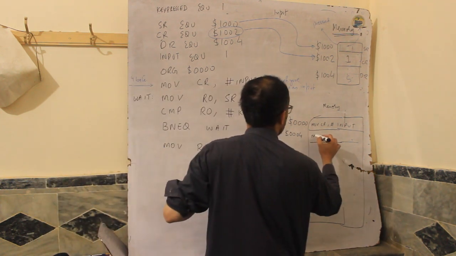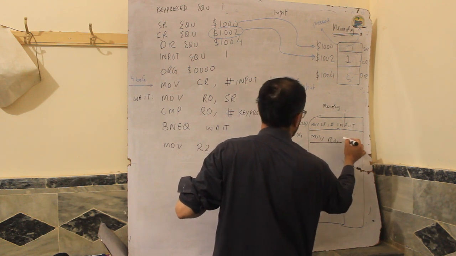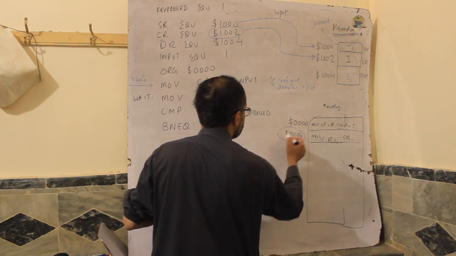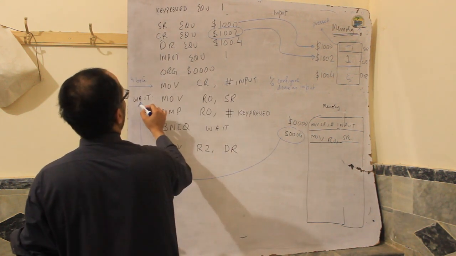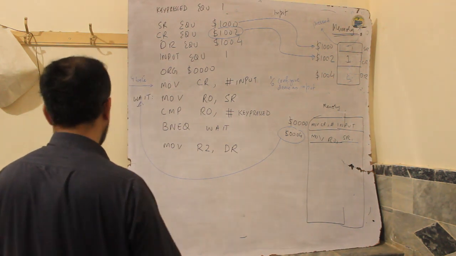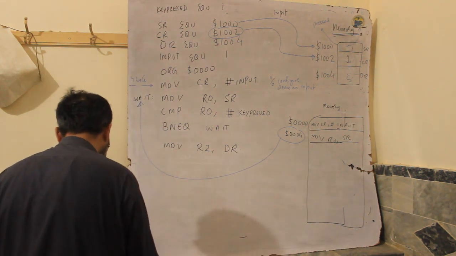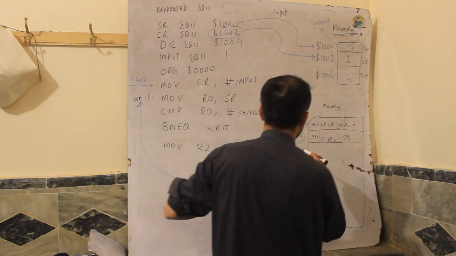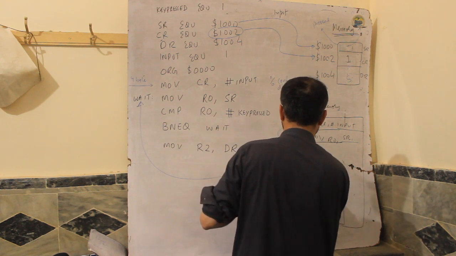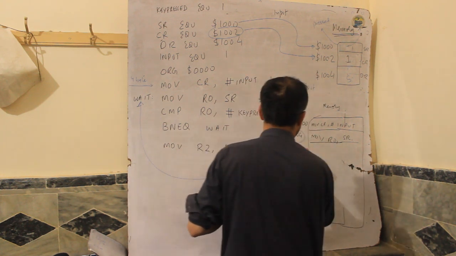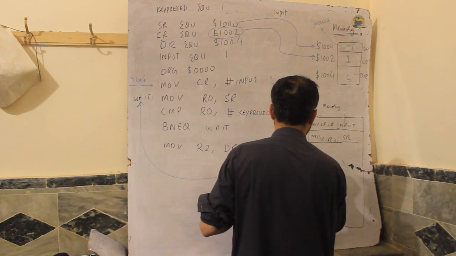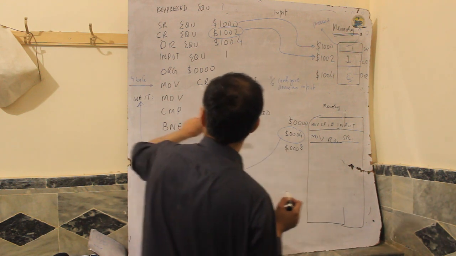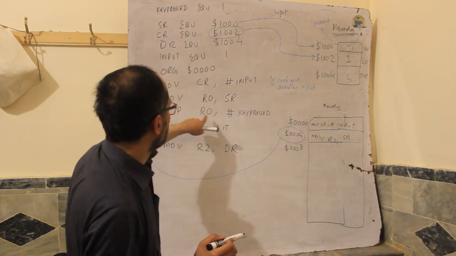So this instruction, move R0 SR, will be stored at this location. And what is this $004? Actually, it is the address of the wait instruction. And then $0008. So the next address will be compare R0.